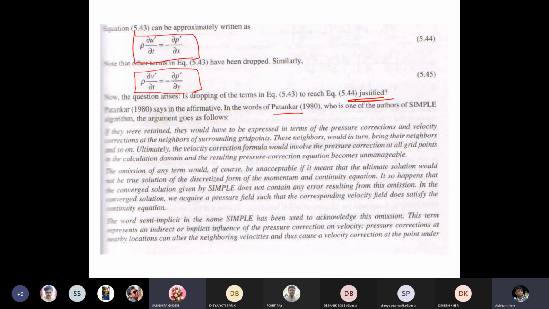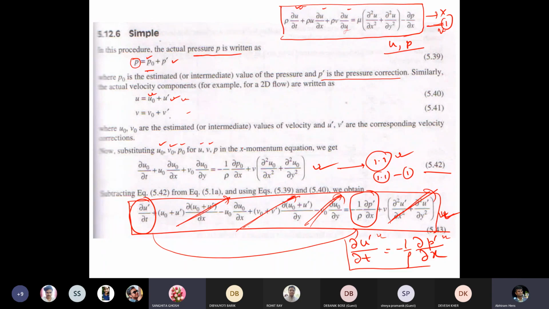It states that if they were retained, meaning if the other terms are retained, they would have to be expressed in terms of pressure corrections and velocity corrections at the neighboring and surrounding grid points. If you keep all these terms, you have u dot and so on, and you need to consider these velocity corrections when you discretize this dx, at the neighboring point.